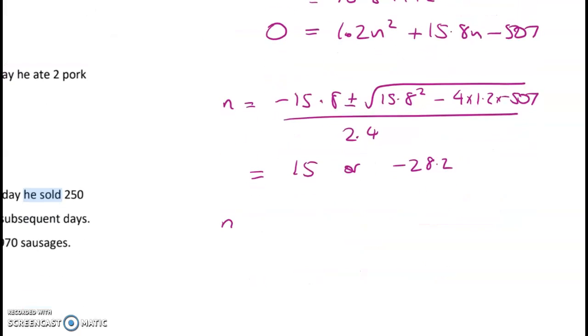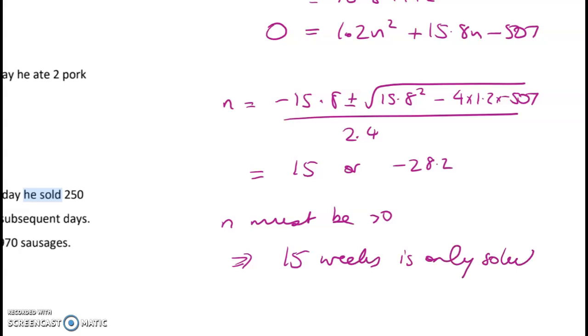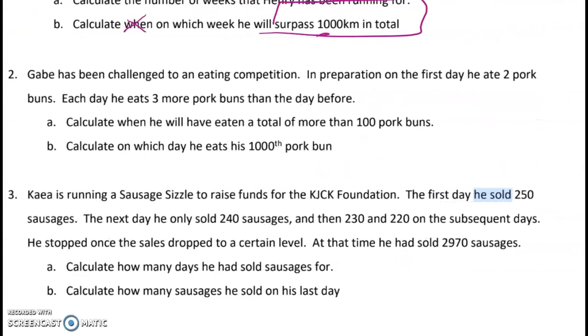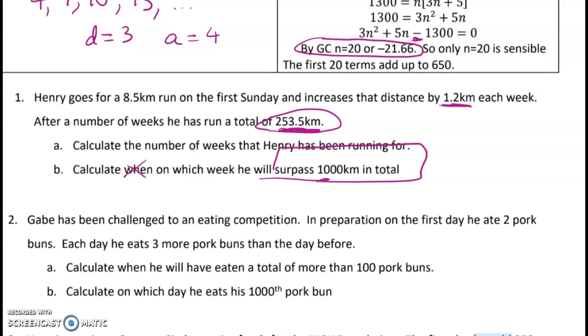But we know that n must be greater than 0. So 15 weeks is the only solution, or the only realistic or sensible solution. And then we're just going to put our answer into context and say that he has been running for that many weeks.